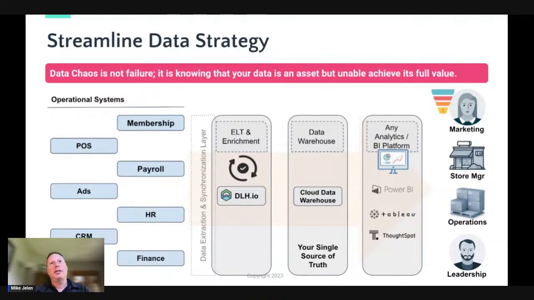And so now you can start to predict and look forward to say, all right, based upon your ratio of second time, third time customers that come in, you should be converting X percent of those customers into a membership. So now you can start to predict what is your membership revenue going to look like.